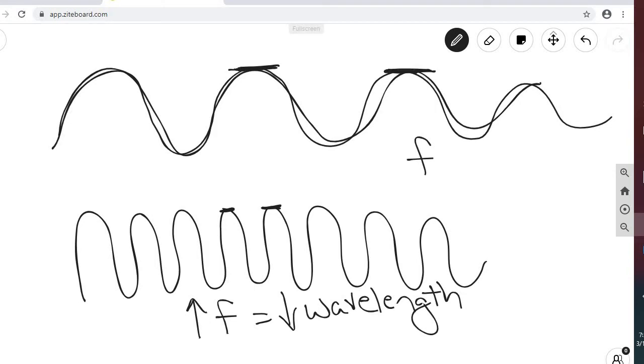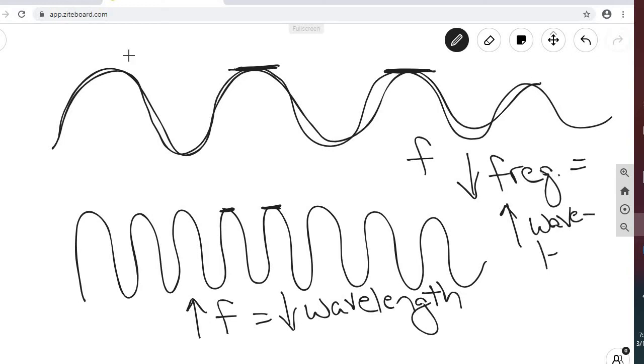So as you decrease frequency, you increase wavelength. Again, frequency and wavelength are inversely proportional to each other. If frequency is small, wavelength is large. If frequency is large, wavelength is small.